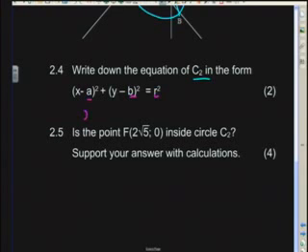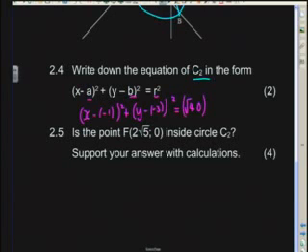So we get (x minus a) squared plus (y minus b) squared is equal to r squared, so it's going to be root 40 squared.